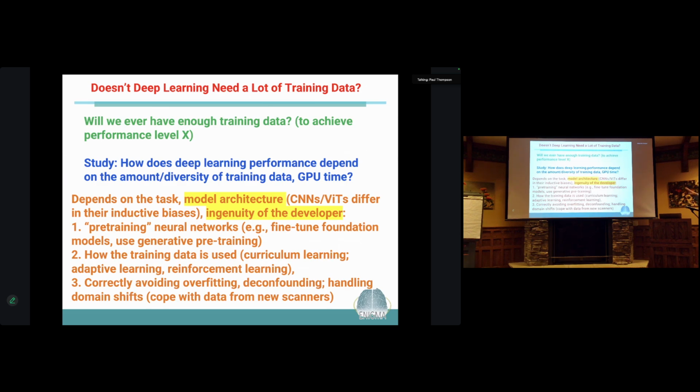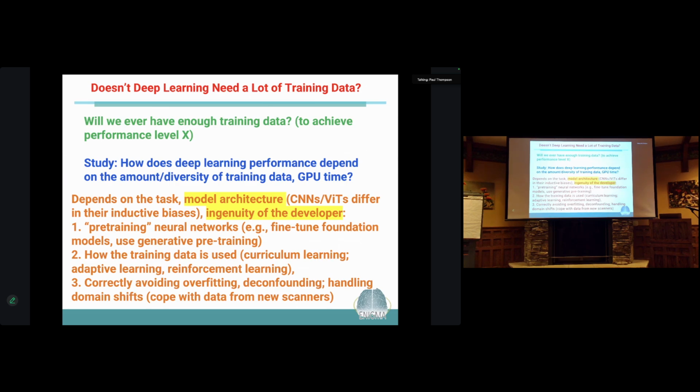You could study how deep learning performance depends on the amount or diversity of the training data, maybe the GPU type, maybe you need a lot of training time. This depends on the task. It depends on the model architecture; CNNs and vision transformers differ in their inductive biases. It depends on the ingenuity of the developer. Obviously, in mathematics, as different people attempt a problem, the mileage may vary.